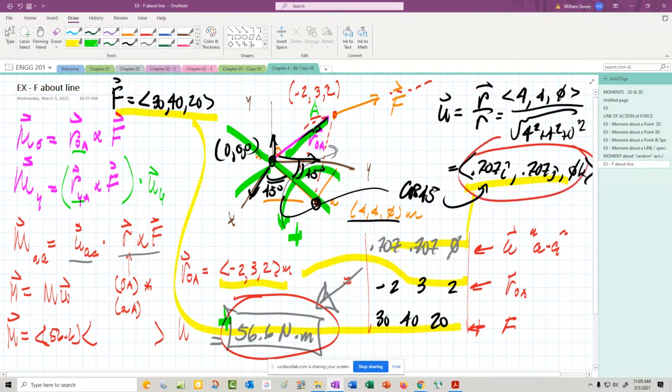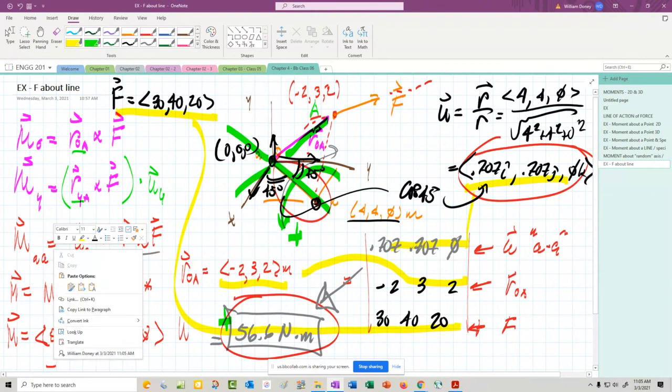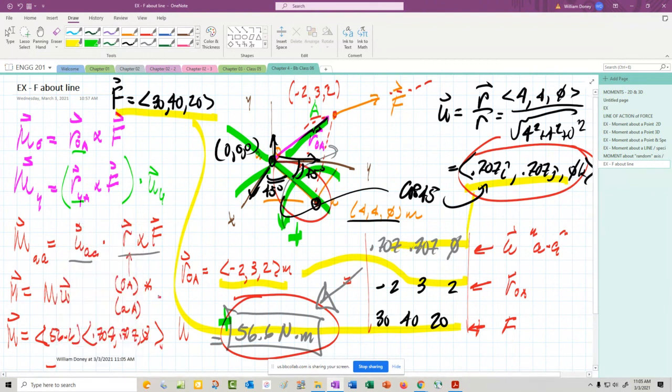Is this, right? That's for that line, and put that in there. We'll get 40i plus 40j plus 0k Newton meters. That gets us our moment as a vector.